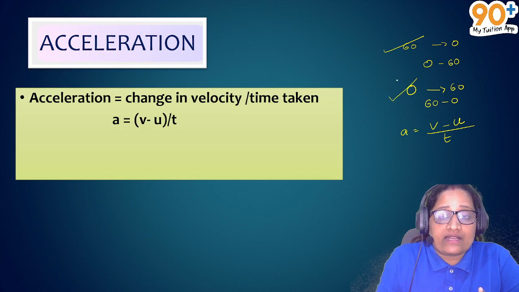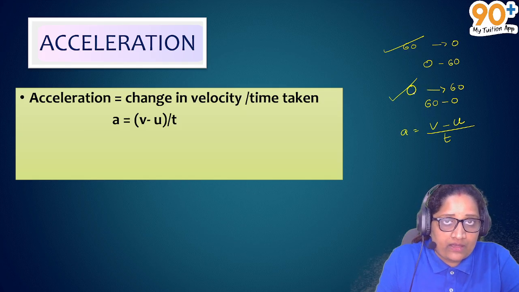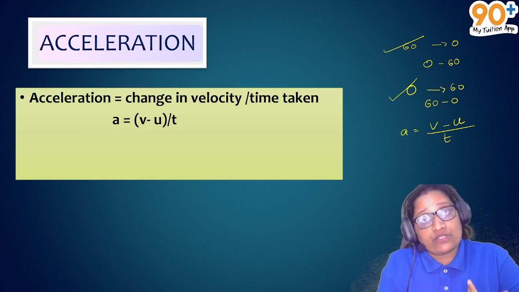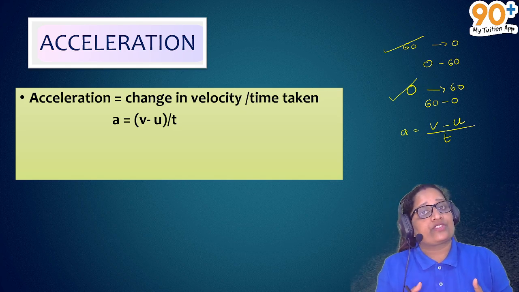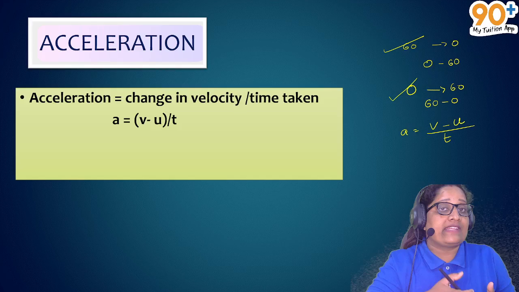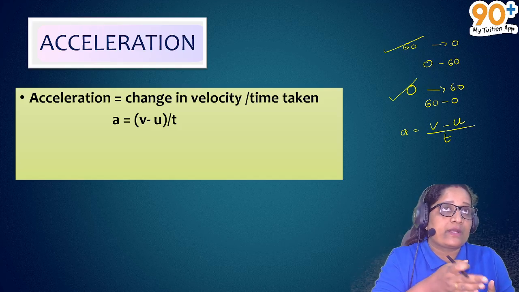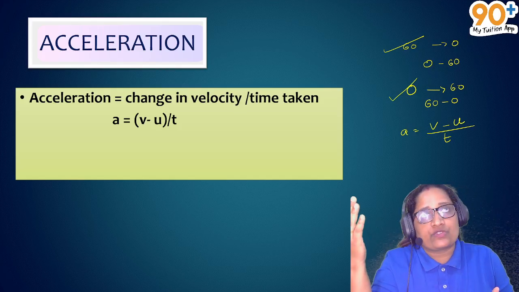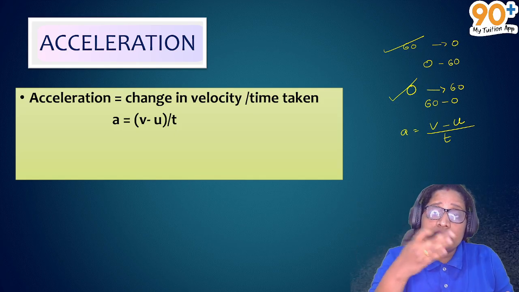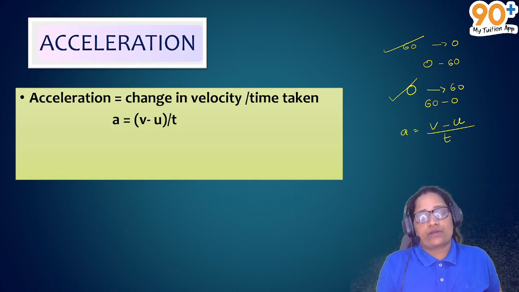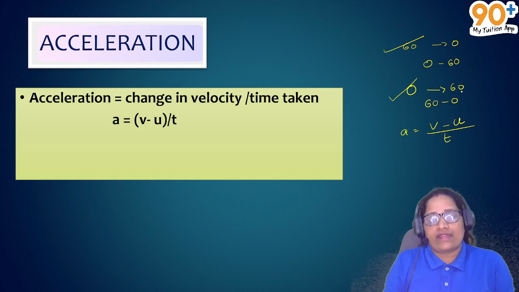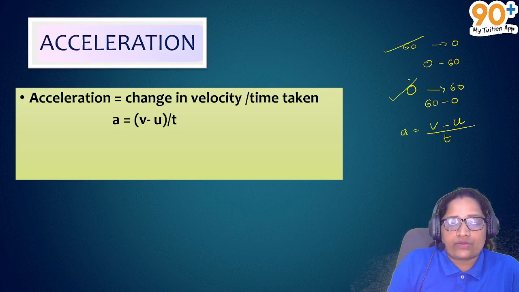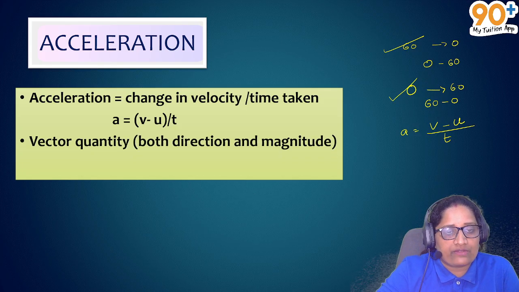But once a car increases its speed, suppose it was initially moving at a speed of 20, and then it increases to a speed of 60, then we have to take 60 minus 20. Here, just for an example, we took 0. So acceleration is v minus u divided by t.